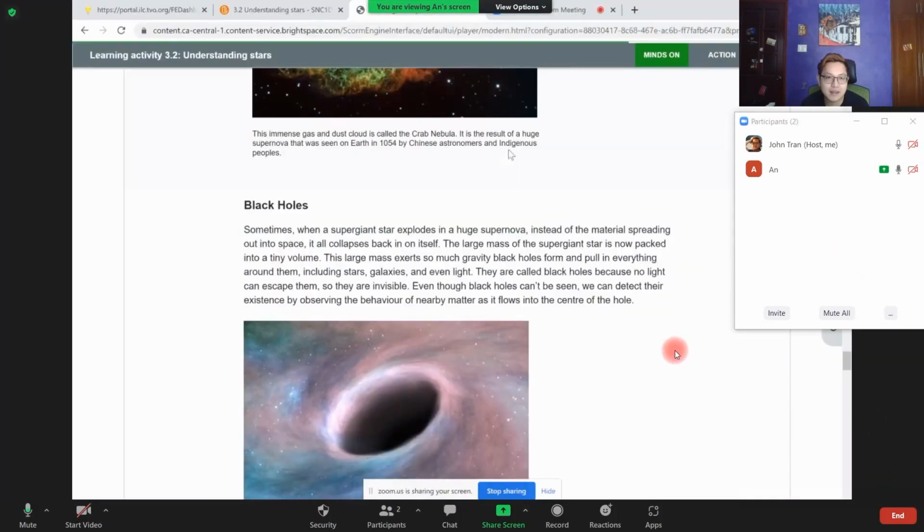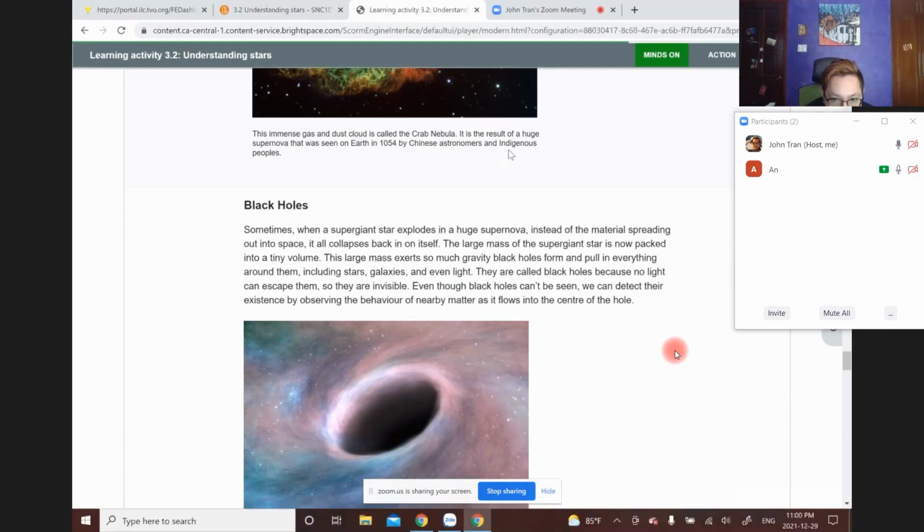Black holes. Okay, black holes now. Sometimes when a supergiant star explodes into a huge supernova, instead of the material spreading out into space, it'll collapse back in on itself. The large mass of the supergiant star is now packed into a tiny volume.